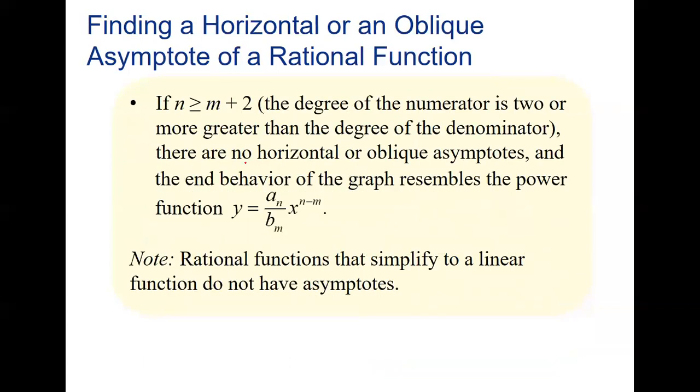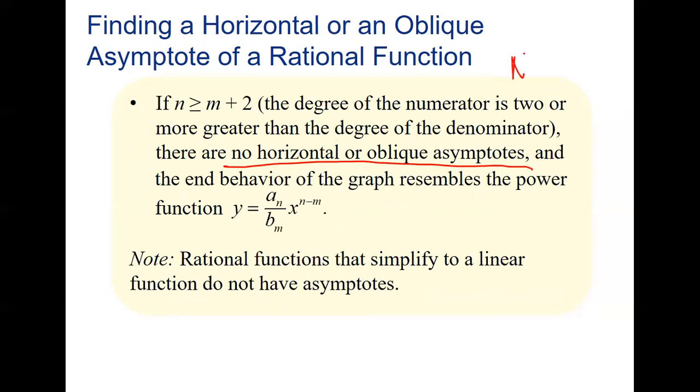Now, what happens here? If the numerator degree is greater than or equal to the denominator degree plus 2, there are no horizontal or oblique asymptotes. Okay, what does it say? No horizontal.